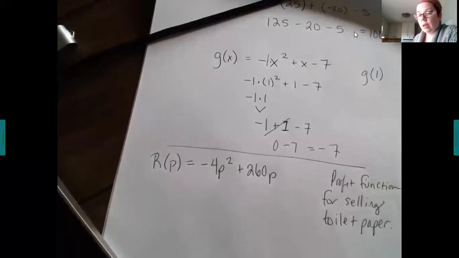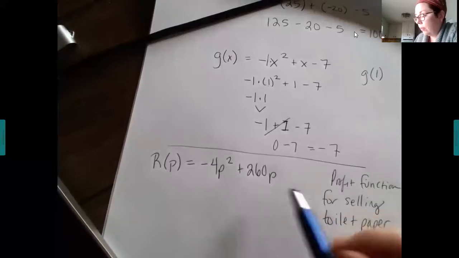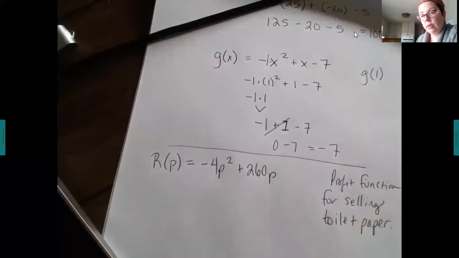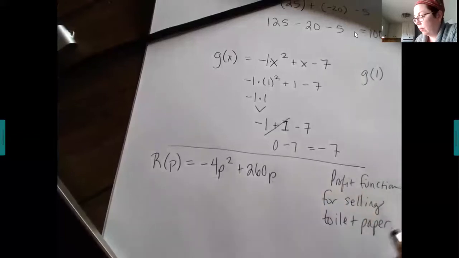Okay. So if we know how much it's going to cost us to make this, then we can get our profit function or profit number from that.